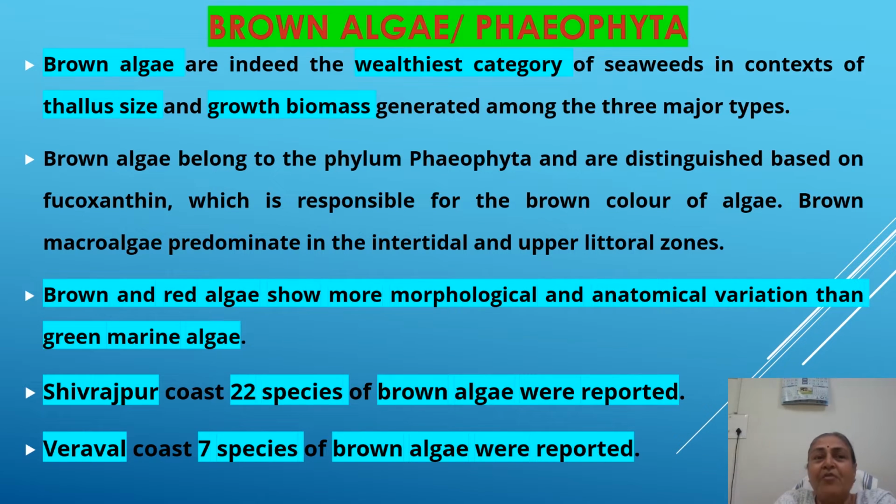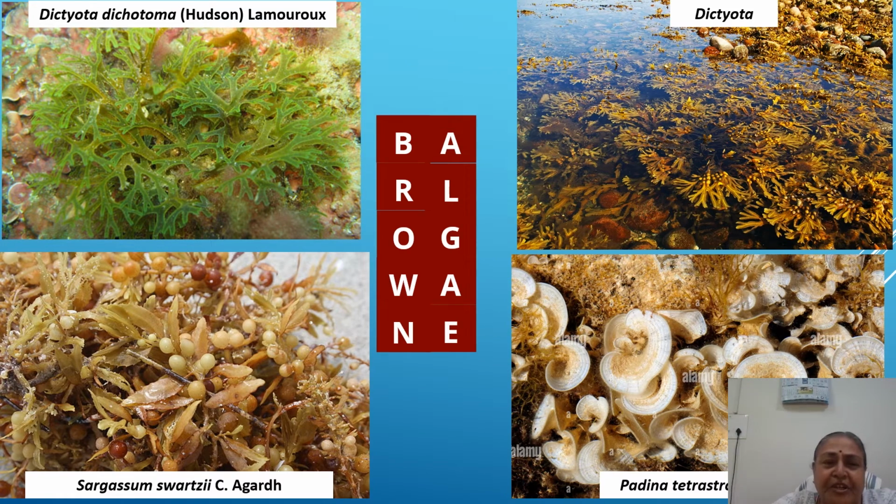The pigments of these brown algae also have great market value. The Shivrajpur coast has 22 species of brown marine algae, whereas the Veraval coast has 7 species of brown marine algae that we have reported, and the dominant species is Dictyota dichotoma.